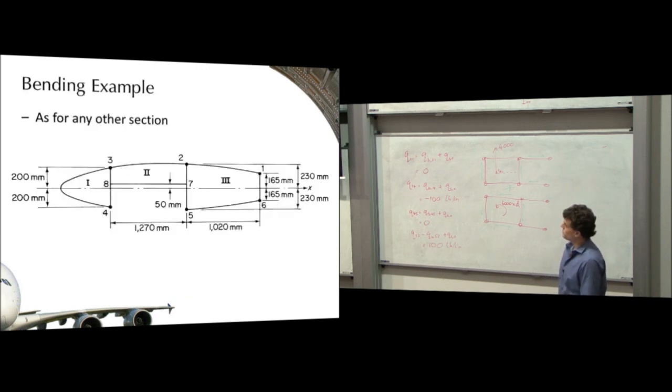Now, bending of these problems is exactly the same. Bending in all of these cases is exactly the same. For bending, all you need to be able to calculate is the IXX, and you need to know the bending moment on the section, and you can calculate the bending stresses. So bending's not a problem. And this example is from Megson, and I'll just tell you what page number it is.